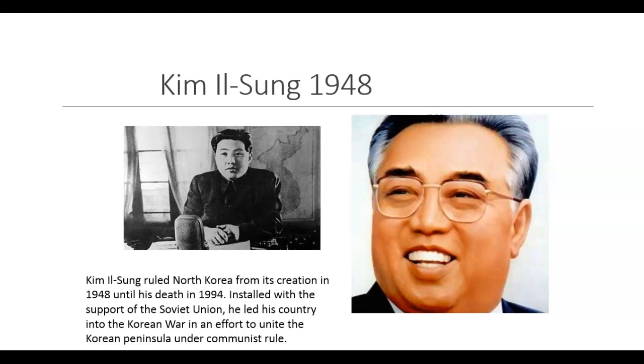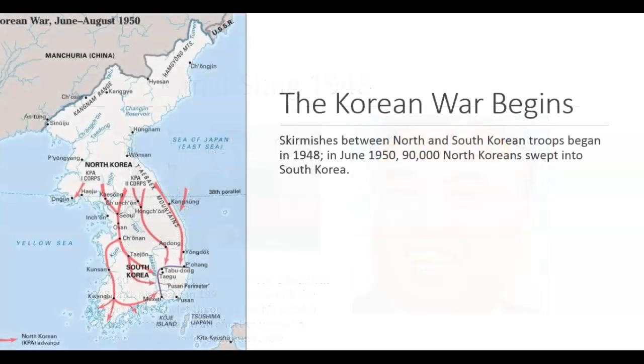The North Koreans launched a successful surprise attack with 90,000 troops. Seoul, the capital of South Korea, fell to the communists on June 28.